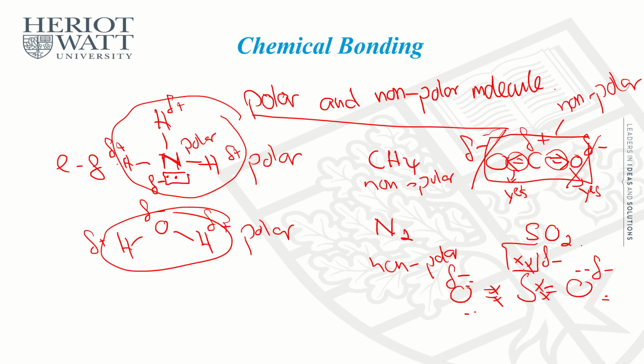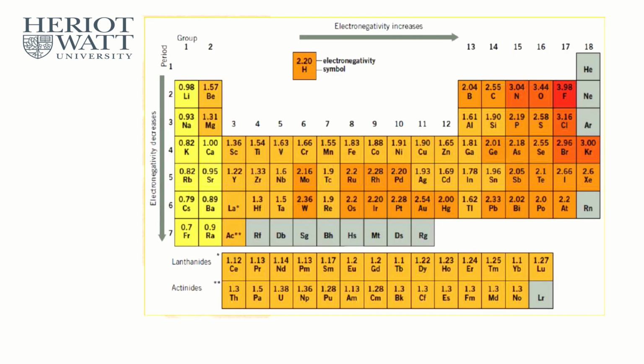Okay, so which one is delta positive? Now, it is impossible for both to be negative. So in this case, we have to check which element here, oxygen or sulfur, is more electronegative. If you check the Pauling scale, which is in your data booklet, okay, I show you another slide. This is the Pauling scale.